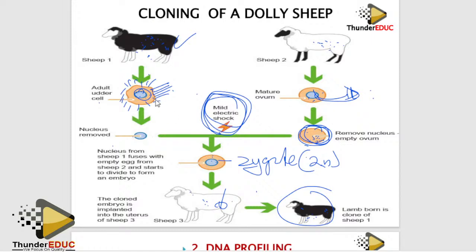That's why we have to bring a nucleus, its genetic material, and put it in the casing of the ovum, so that this thing looks like a zygote. It must look like a zygote, so that when we put it in the womb, the womb doesn't know what is inside this zygote-like structure. What it knows is this.